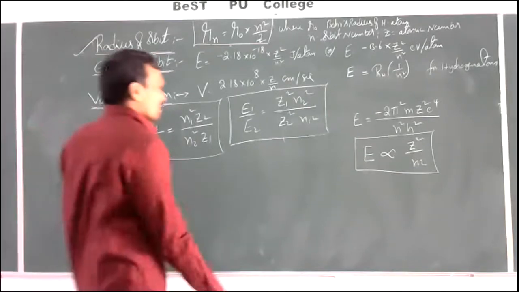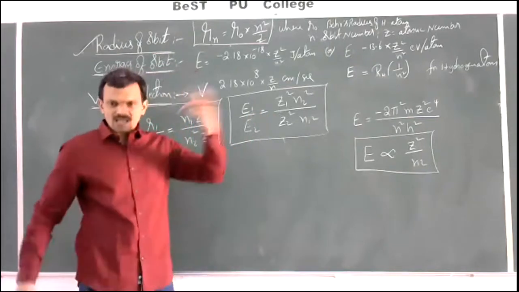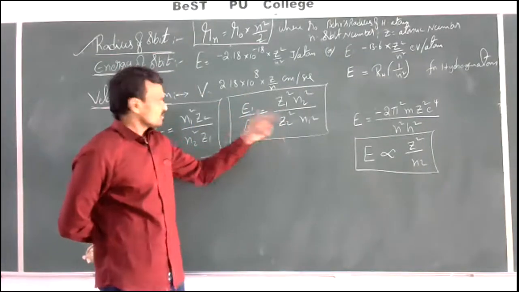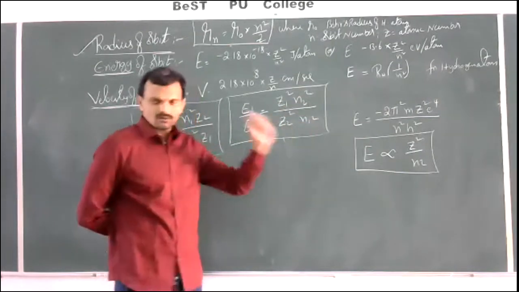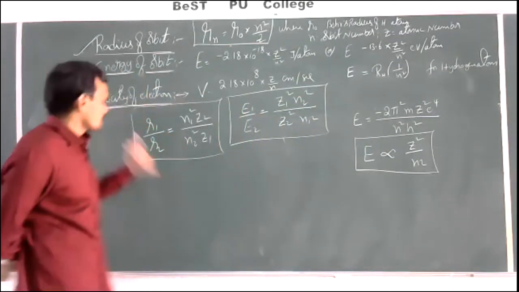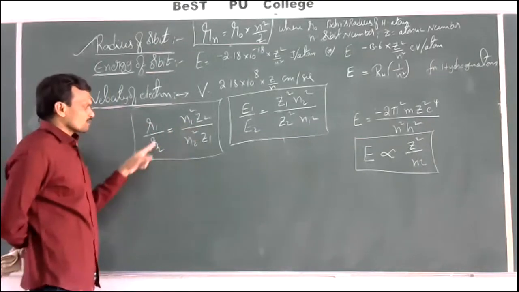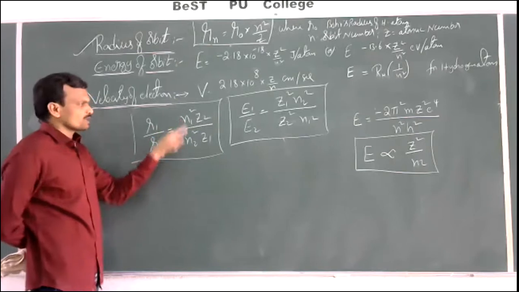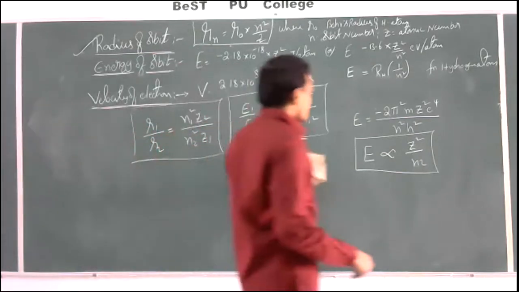Or we can even compare energies of two orbits of the same atom. If it is the same atom, Z value is same, then E1 by E2 is equal to N2 square by N1 square. Here also, for the same atom, Z is same, R1 by R2 is equal to N1 square by N2 square.